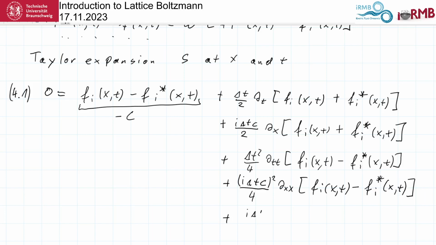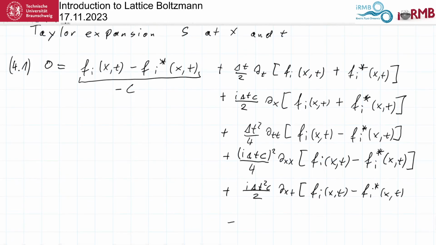This is i delta t square c half dxt, and this will behave the same way, fi xt minus fi star x and t, because we get one minus from minus delta t and one minus from minus delta x. Yeah? So this is what comes out, and then we get O of the order delta t cubed.